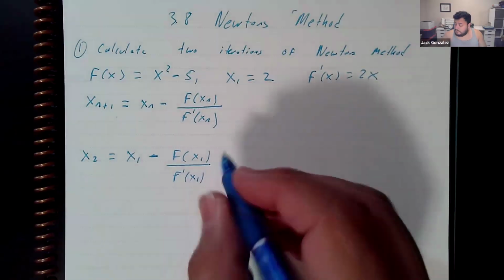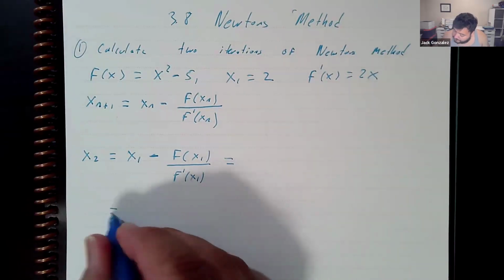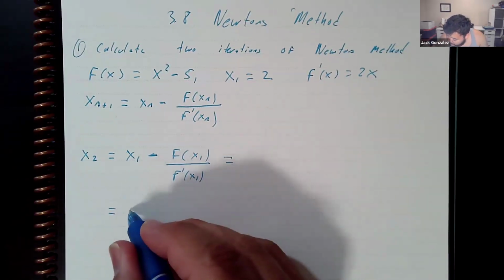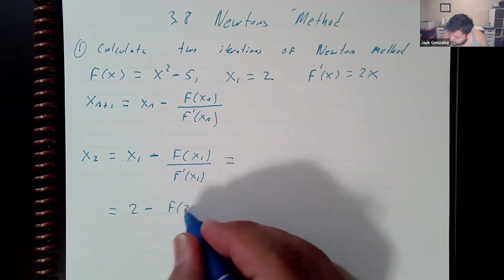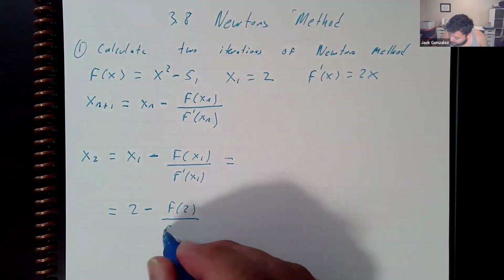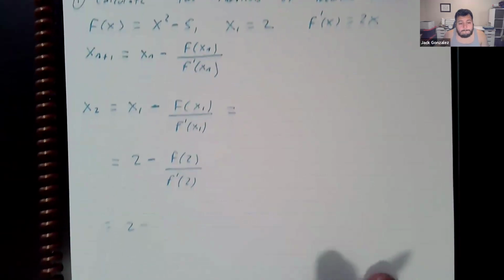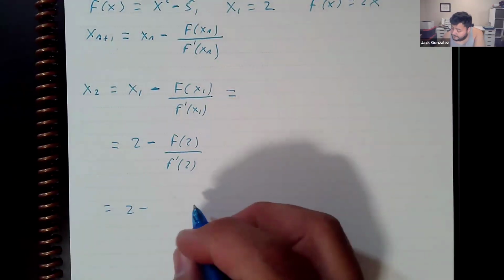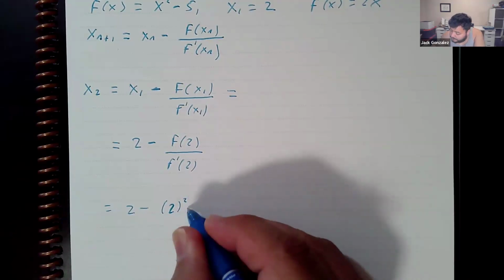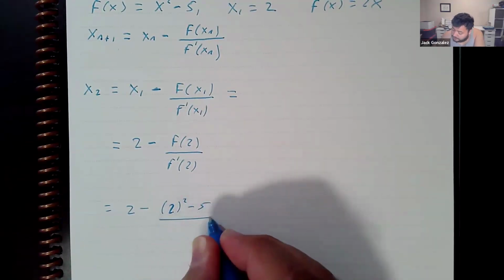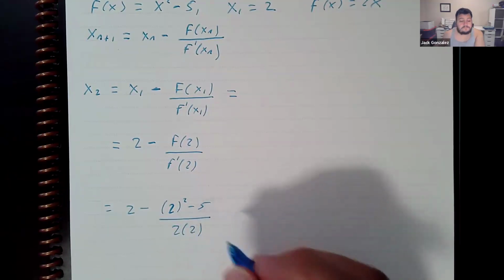Now plug in everything. I'll do it down here, I guess. x1 is 2, so 2 minus f of 2 over f prime at 2, which will be 2 minus 2 squared minus 5 divided by 2x, or 2 times 2.